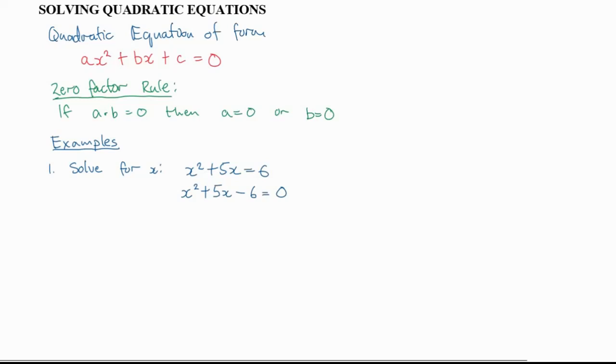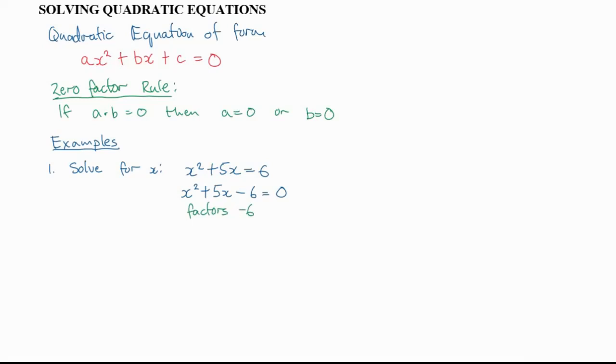Now we do this like what I did in the previous video when we were factorizing quadratic expressions. This is a quadratic expression that we have to factorize. So we are going to find factors of the constant, negative 6, that add up to positive 5.